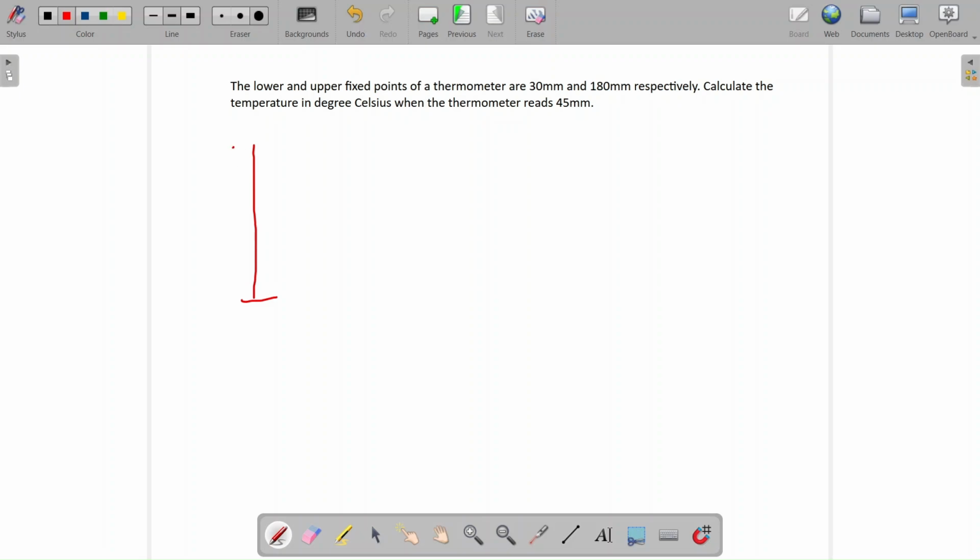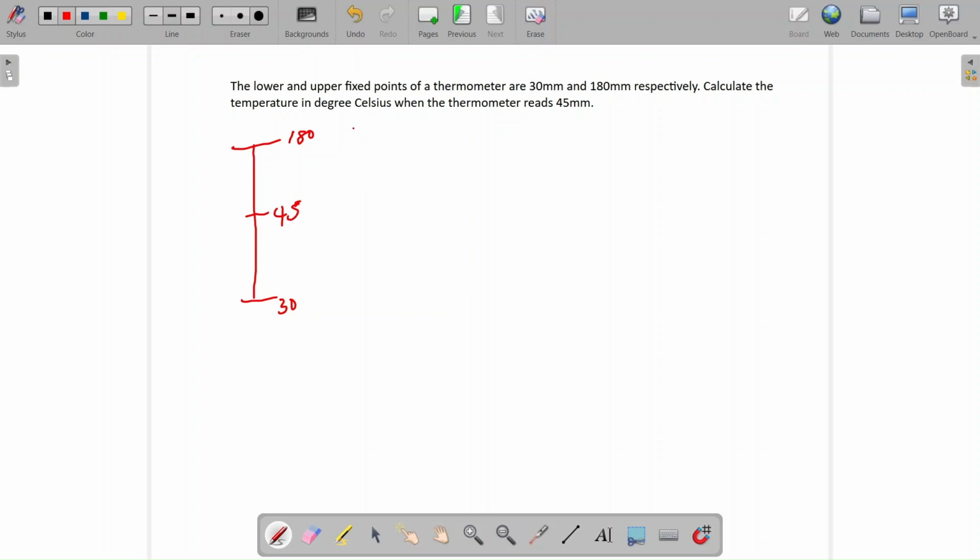Let's say a thermometer starts from, sorry, not 0. The lower mark here is 30 and the upper mark here is 180 millimeter. That is 180. So they now ask what will be the degree at 45.